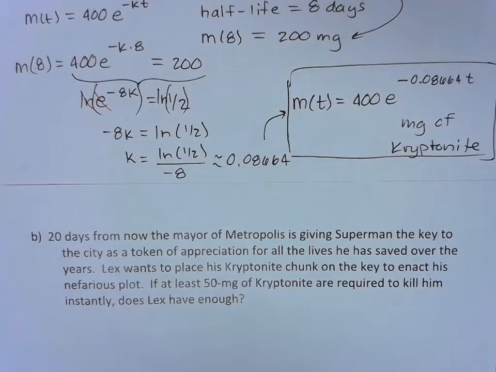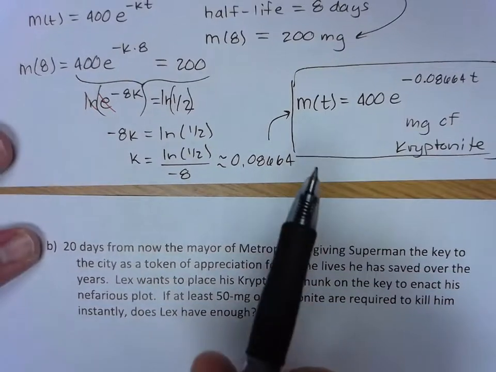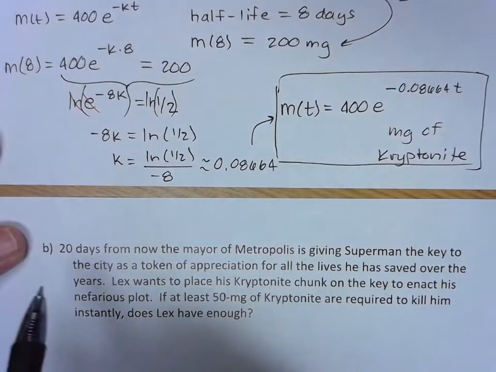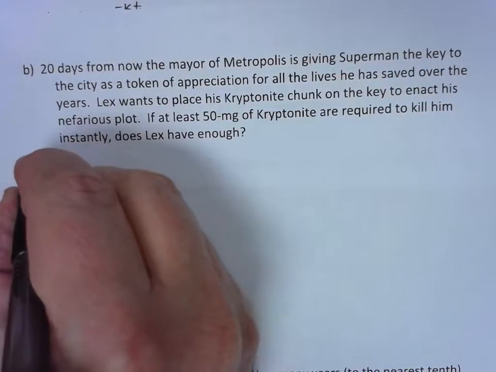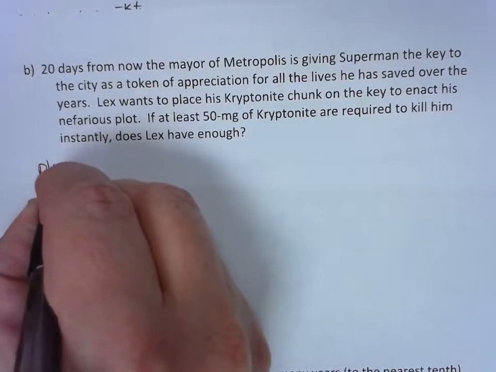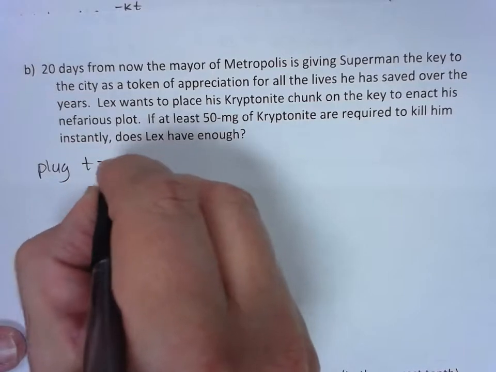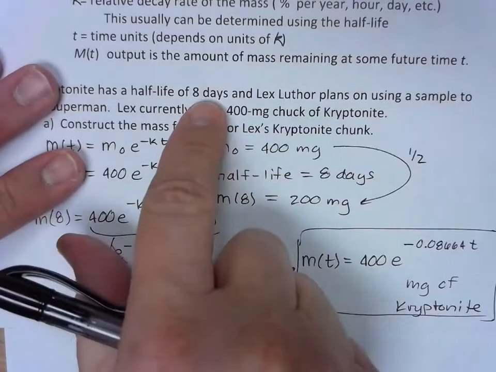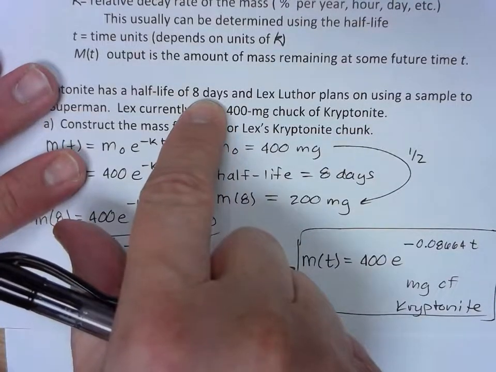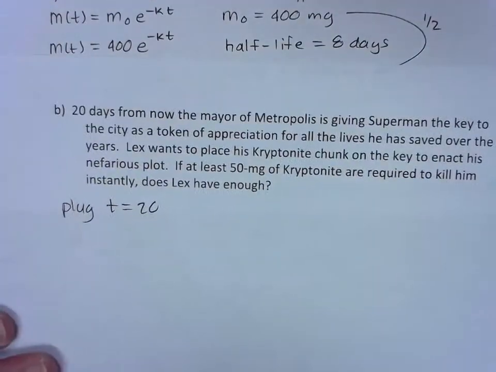Well, so what I need to figure out is, what is the mass of this kryptonite chunk going to be 20 days from now? So I want to plug in t equals 20. Again, I know it's in days because the half-life is in days. That means t for time is also going to be measured in days.